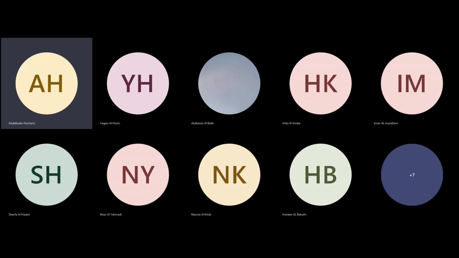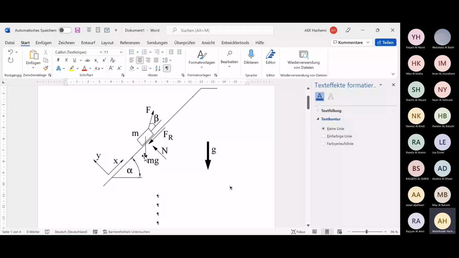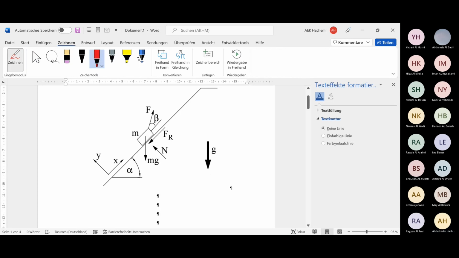What can you see here? You have mg, then it means there are two components. There is here, I call it gy, and there is one component here, this is gx. As there is no motion along the y direction, gx here is opposite to the direction of the motion, that means it makes negative work.